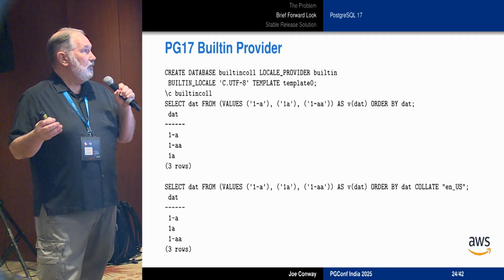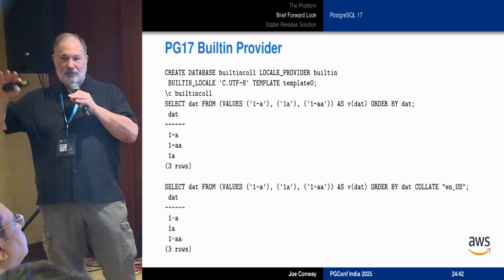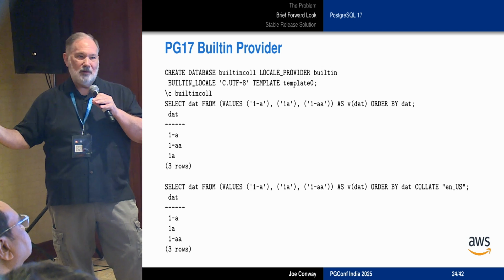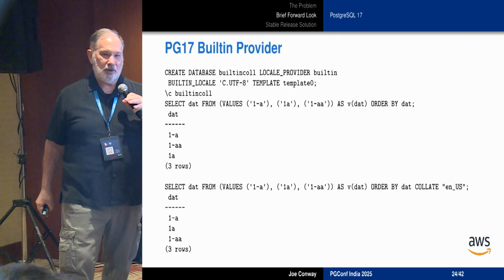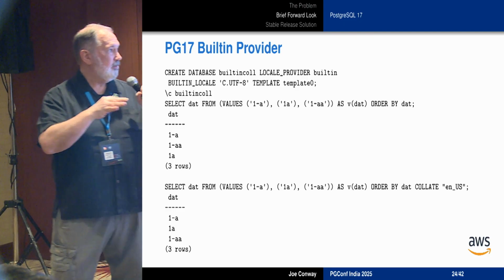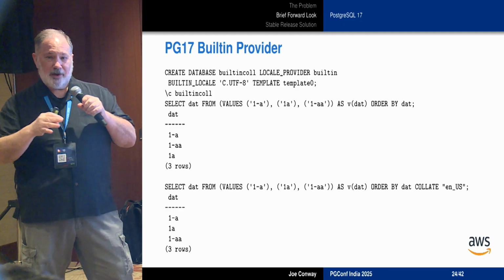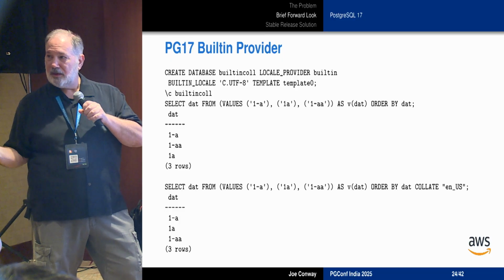Okay, so there are two kinds of solutions to this. One is the forward-looking solution. One is the backward compatible solution that I alluded to a little bit earlier. I don't have that much on the built-in provider, but I'll talk about it a little bit here. The built-in provider was written by one of my colleagues at Amazon, Jeff Davis.